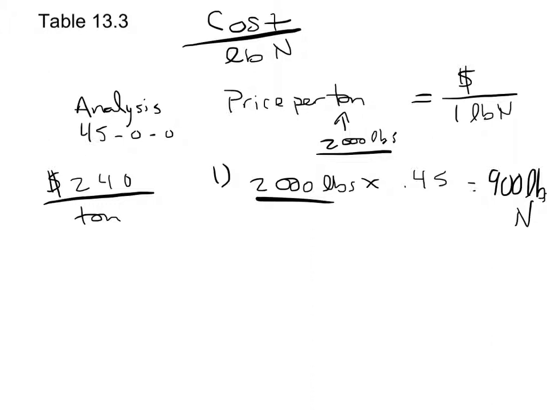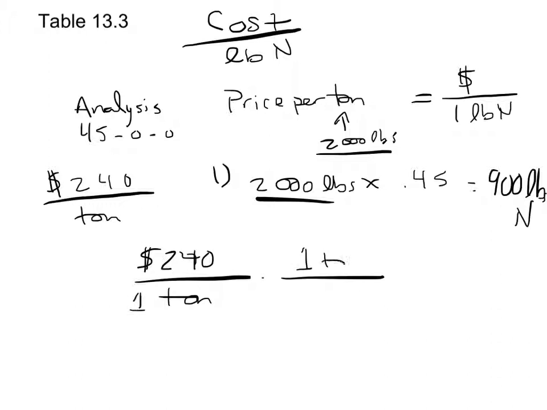Because this is 2,000 pounds here. Okay, so now I just set that up and I say, well, if it costs me $240 per ton, I can multiply that times the fact that 1 ton contains how many pounds of nitrogen? Well, 900 pounds of nitrogen.